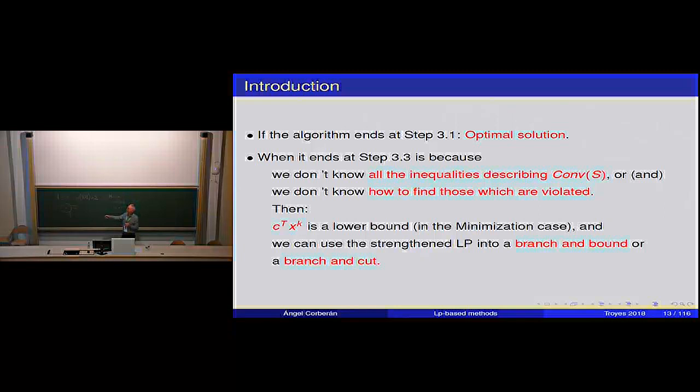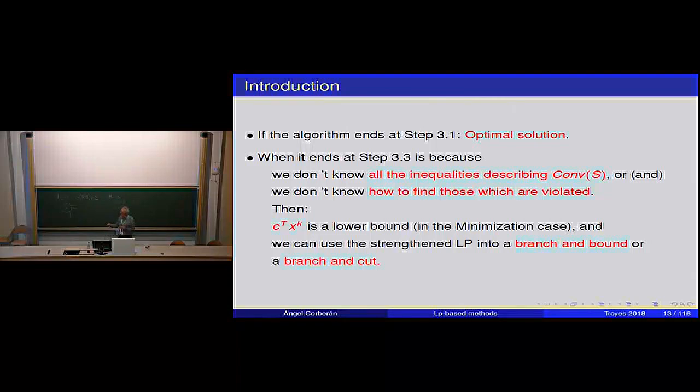So in this case, we cannot follow. We don't know more valid inequalities that could be violated by our solution, or we don't know how to find some of them, although they exist.